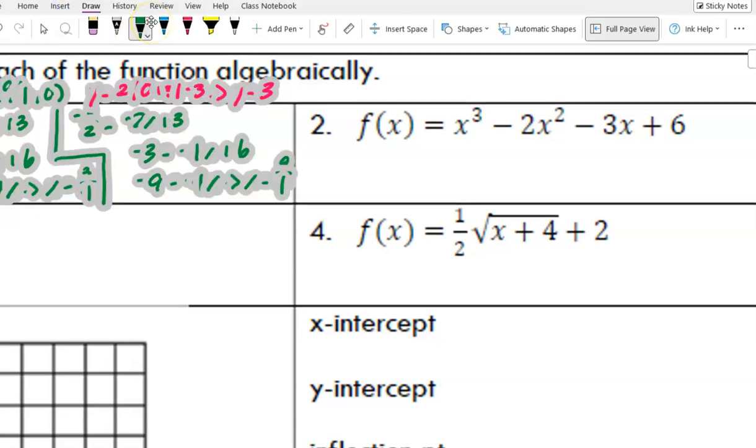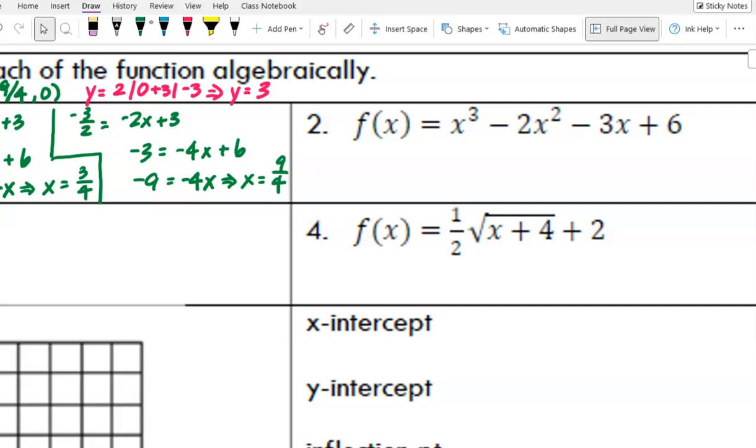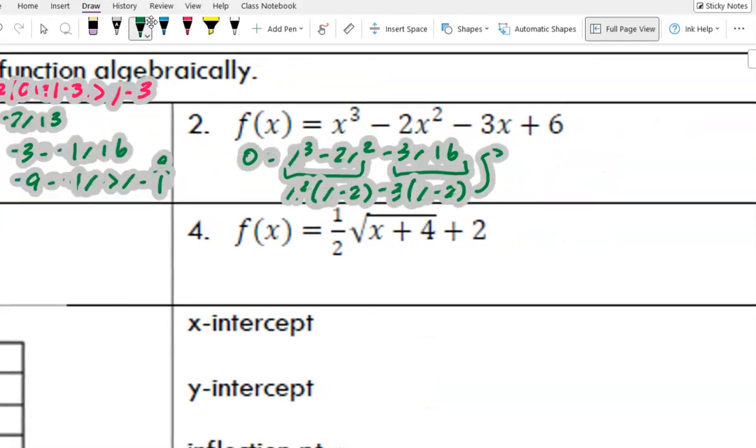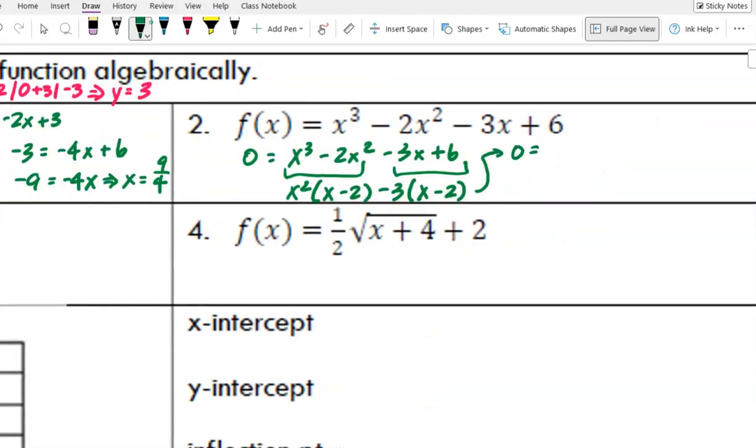Okay, the x-intercept, set this equal to 0. You get x cubed minus 2x squared minus 3x plus 6. When you see 4 terms, factor by grouping. Here you go, x squared times (x minus 2). So take out a negative 3x, negative 3 times (x minus 2). That is going to produce 0 equals (x minus 2) and, taking that out, (x squared minus 3).